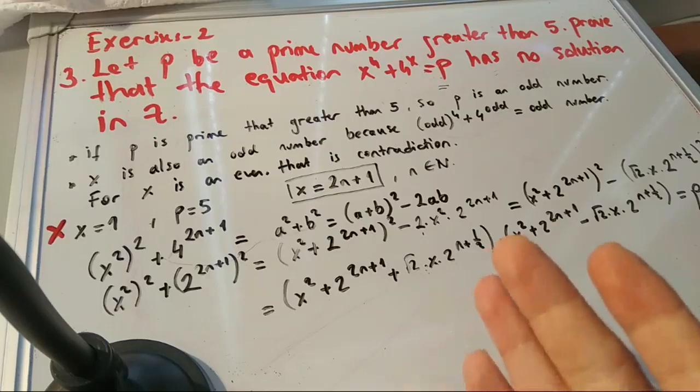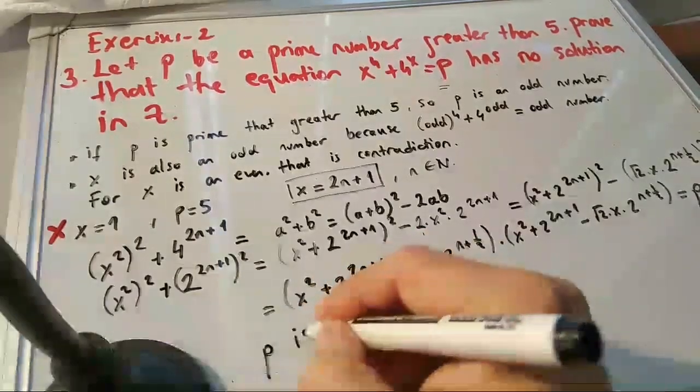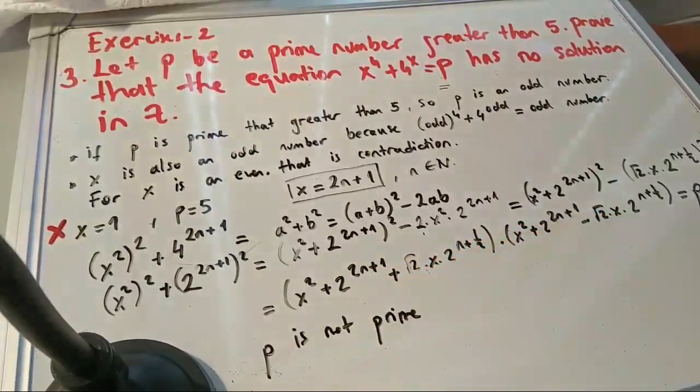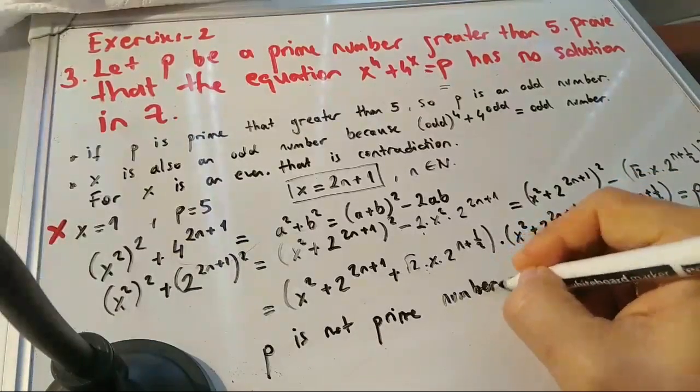So P has two divisors, 1 and itself. So P here has more than two divisors. So in this case, P cannot be a prime number. P is not a prime number.